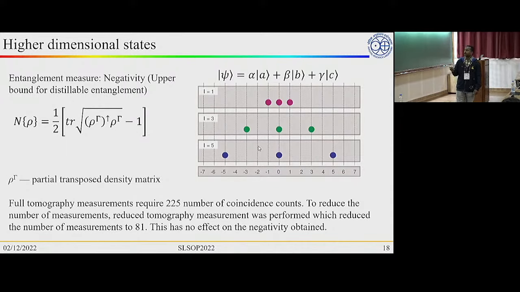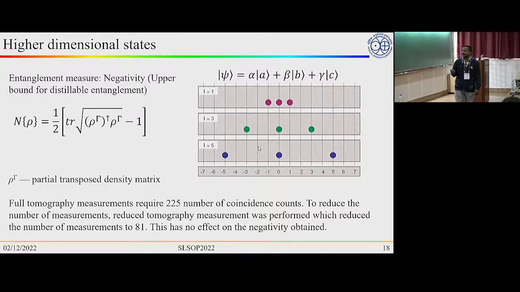We wanted to go higher because OAM gives us the freedom of high dimensionality, so we go with qutrits. We build our state like this, and due to our symmetry, as our pump was Gaussian, I chose this type of qutrit state where we have L equal to -1, 0 and 1, or -2, 0, 2, or -3, 0, 3.